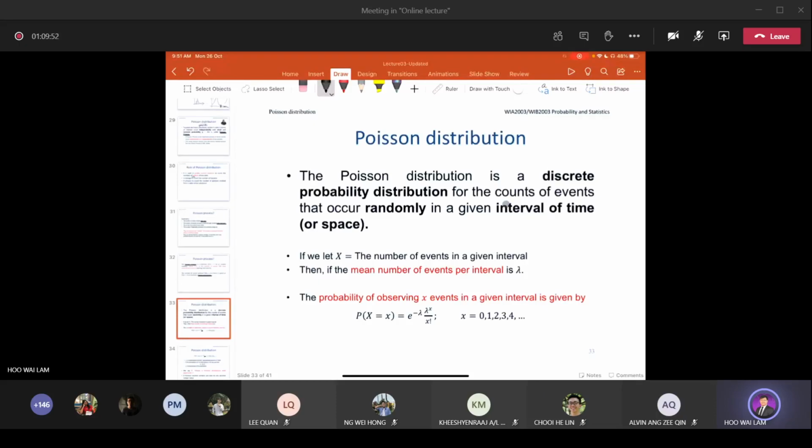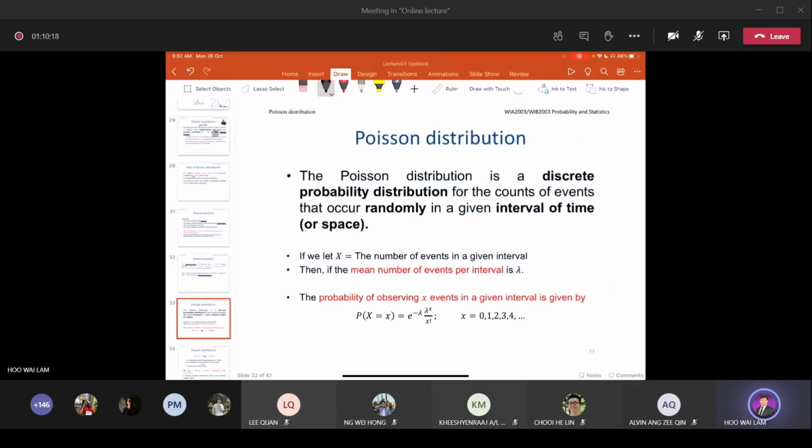This is a very, very key difference compared to the binomial distribution. If you still recall, binomial distribution has n, p, q, right? But this one only has one parameter, lambda. And if we let x, the number of events in a given interval, equal the number of events, and the mean number is given as lambda, the probability of observing x events will become like this.